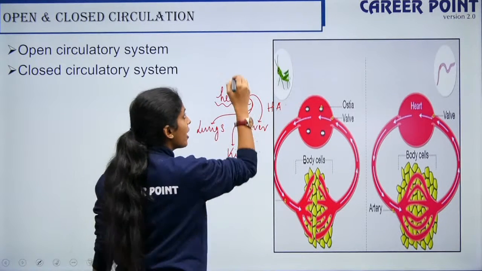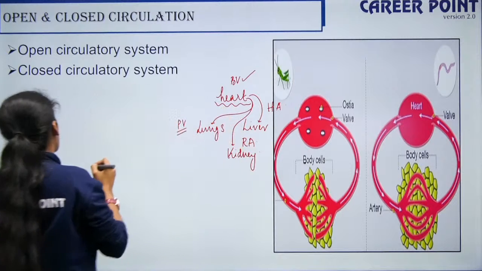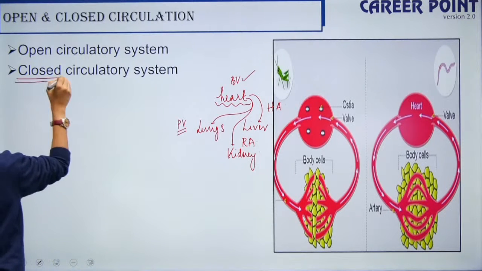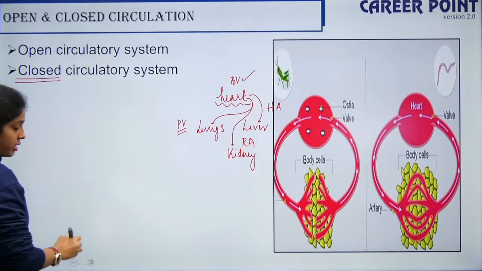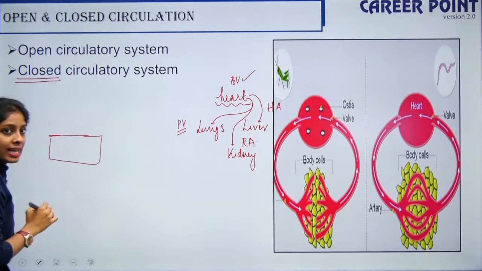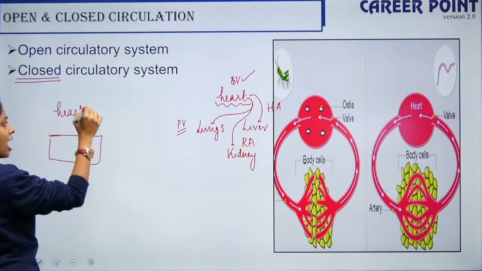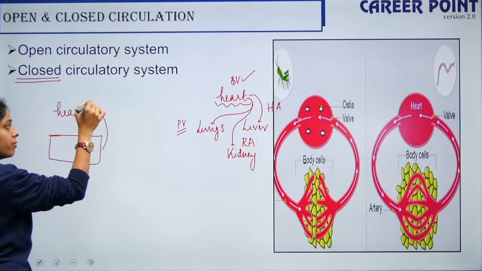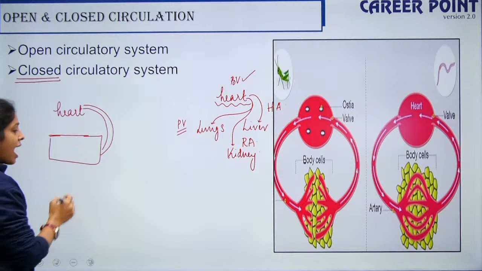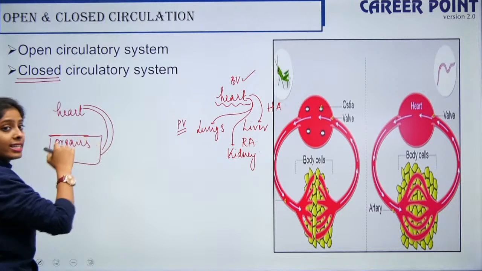So here the blood vessels are well developed. So that is closed circulatory system. In open circulatory system, I have a depression like this, an opening like this, and I have the heart here. The heart pumps oxygenated blood into this cavity and all the organs are bathed or dipped inside this cavity.